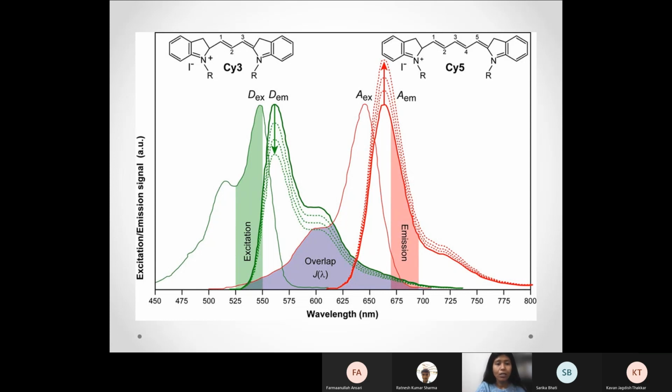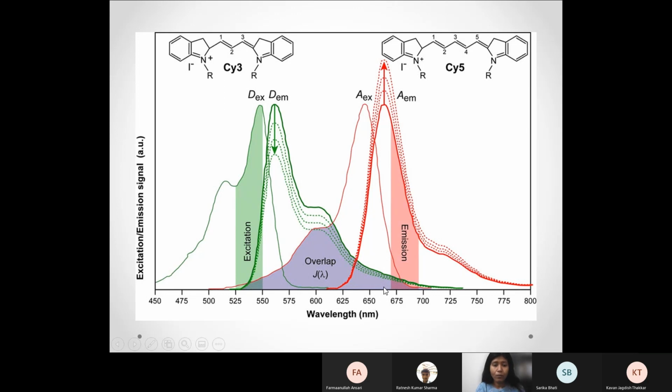How nearly matched? Here is the excitation spectra of molecule 1 and its emission spectra, and this is the excitation spectra of molecule 2 and its emission spectra. You see that the emission spectra of molecule 1 overlaps with the excitation spectra of molecule 2, and the overlap is shown here.